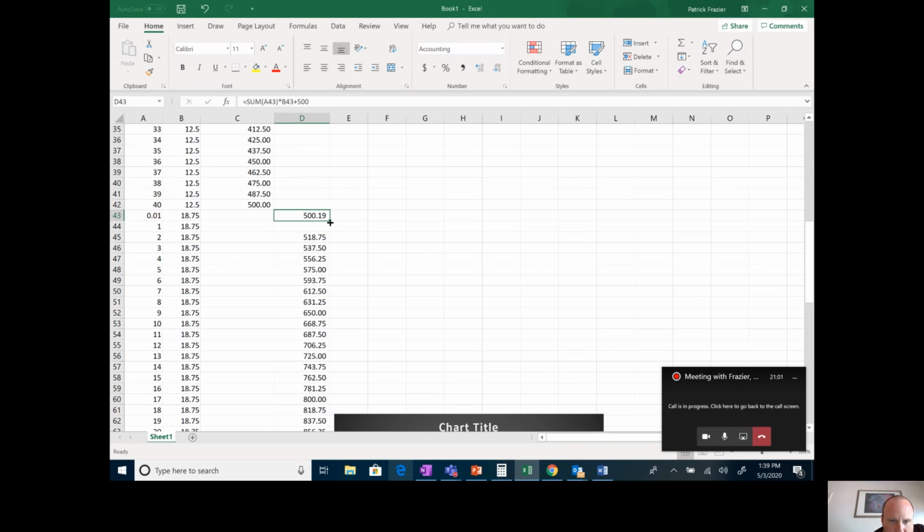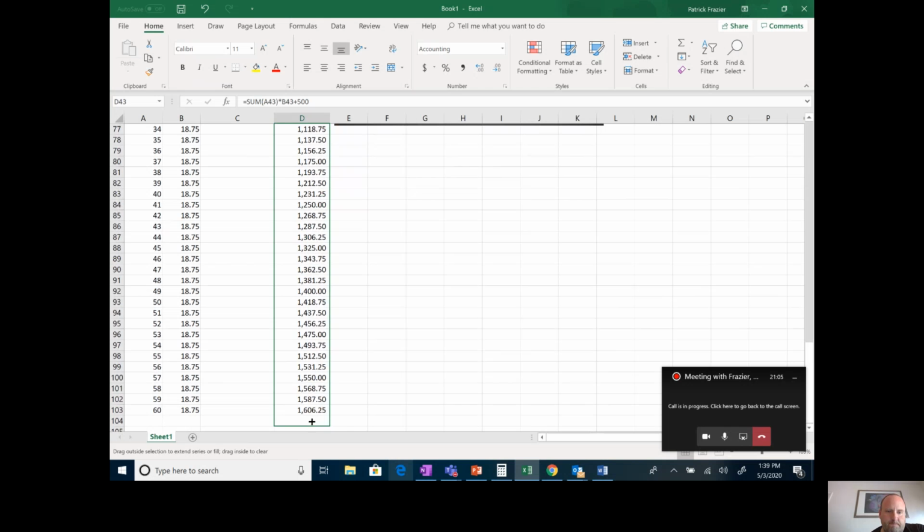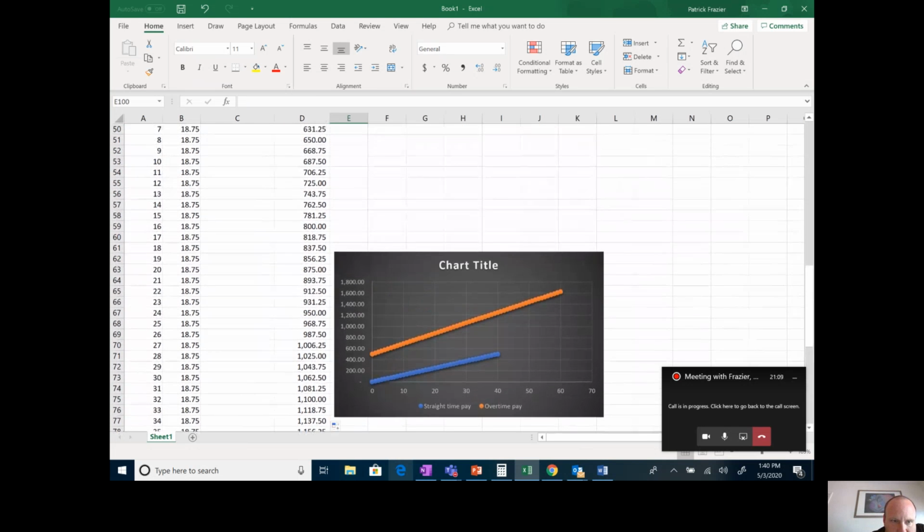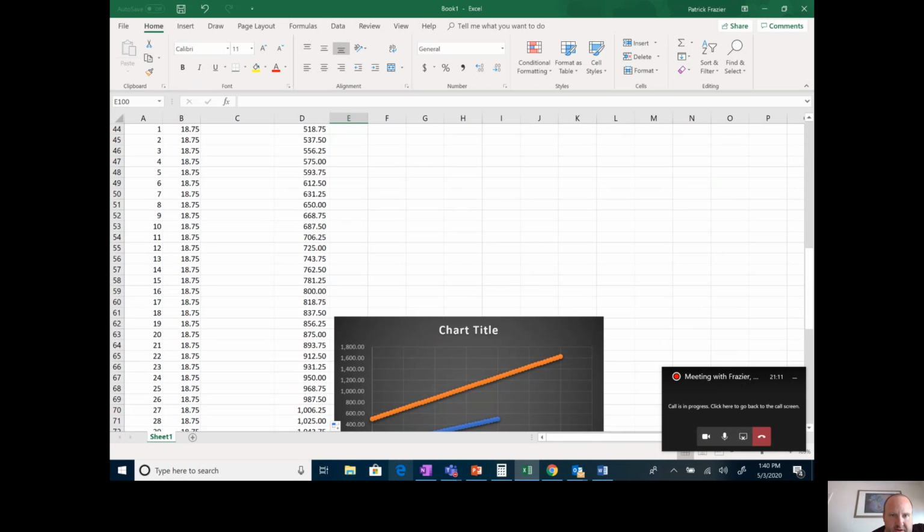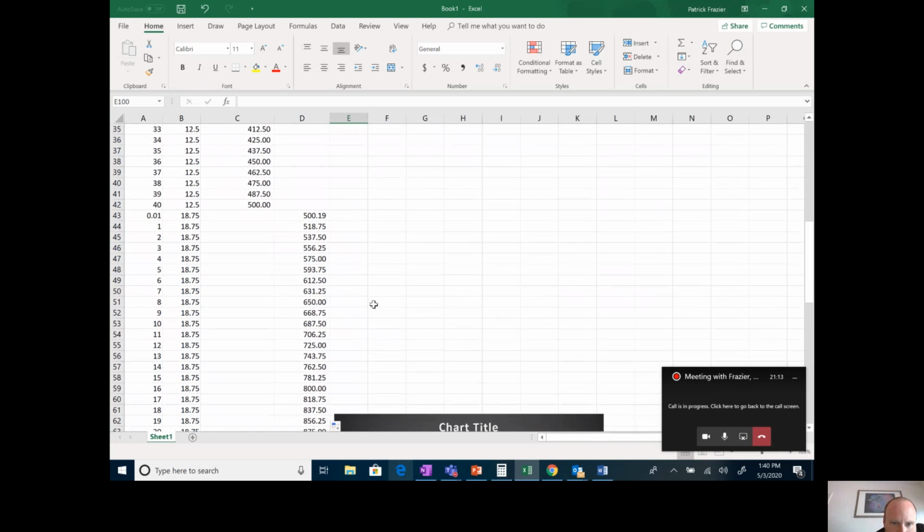Okay, one more time to fix that. Okay. There we go. Now we know it's right. I'd made a mistake when I was fixing this because it was one cell below.